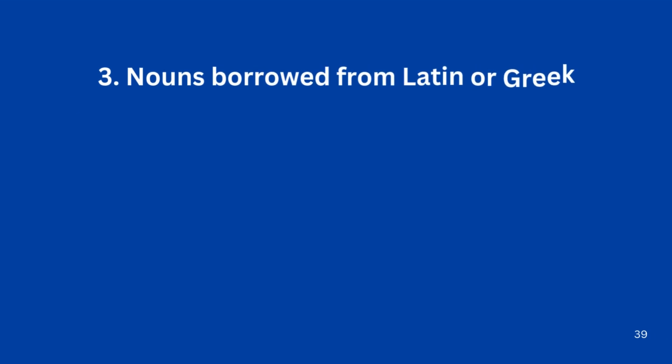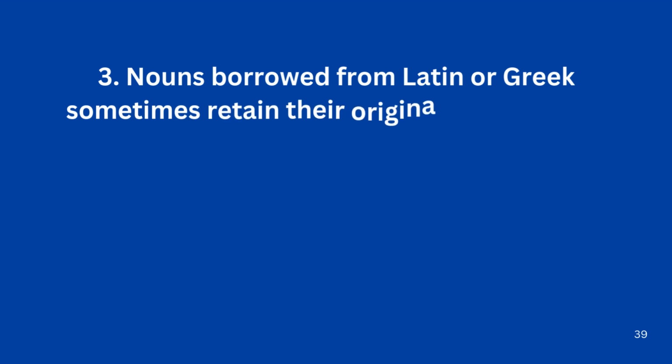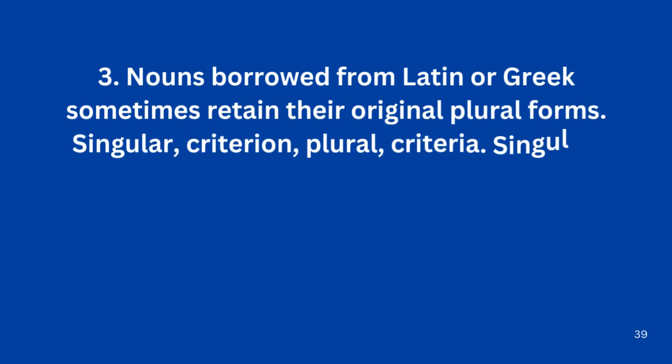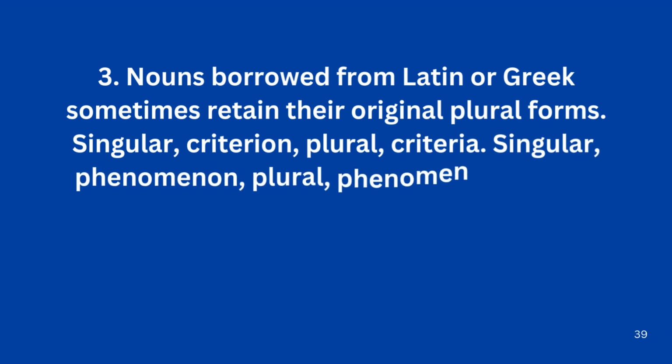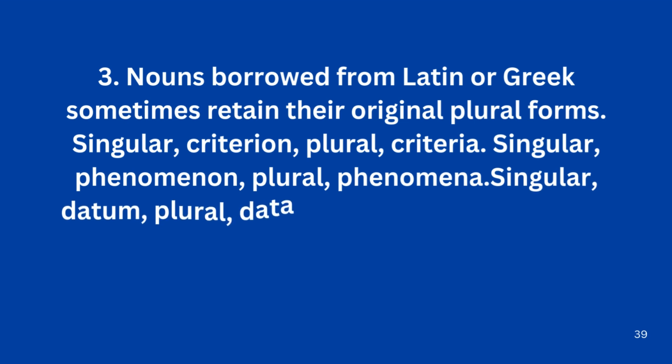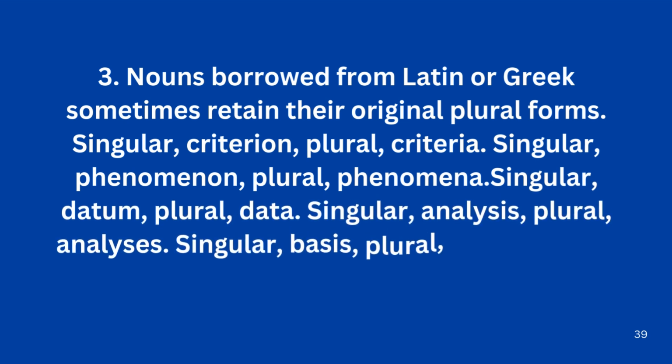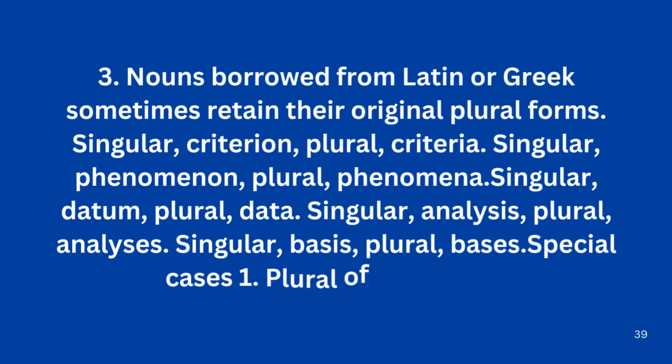Nouns borrowed from Latin or Greek sometimes retain their original plural forms. Singular criterion, plural criteria. Singular phenomenon, plural phenomena. Singular datum, plural data. Singular analysis, plural analyses. Singular basis, plural bases.